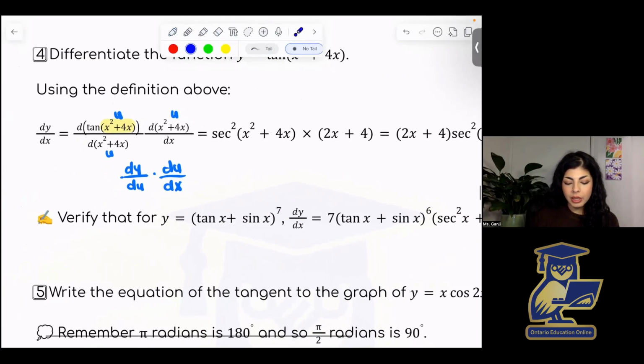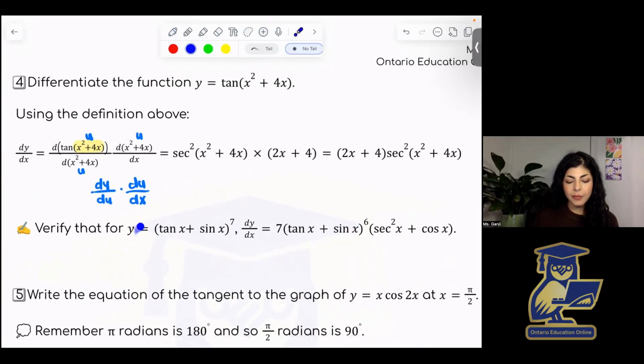And similarly, you can now verify that for y equals tan x plus sine of x to the power of 7, the derivative would be as follows. And in this case, you actually have the trigonometric functions as your internal functions. Take a moment to try this on your own first and then come back for the explanation.